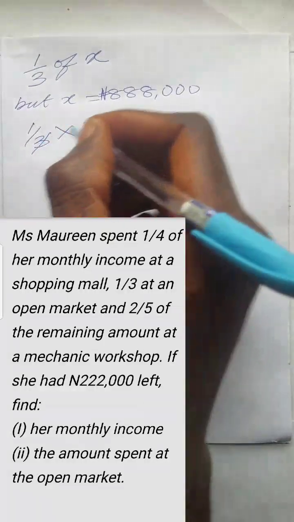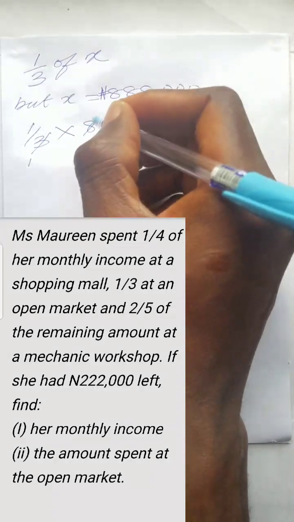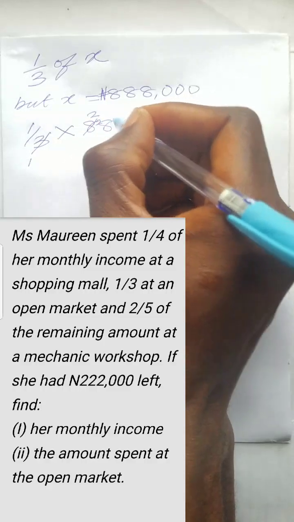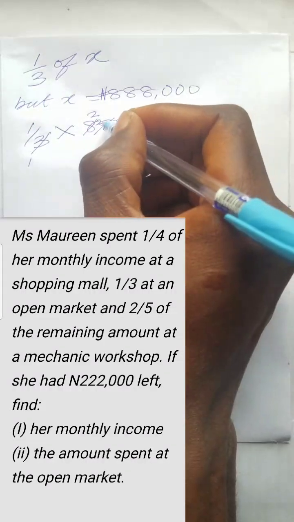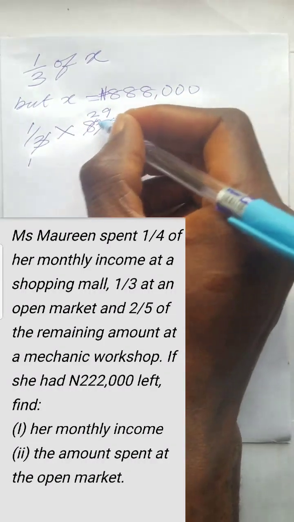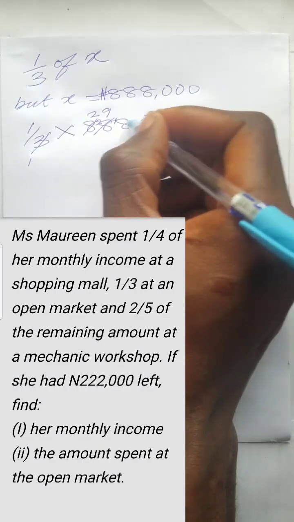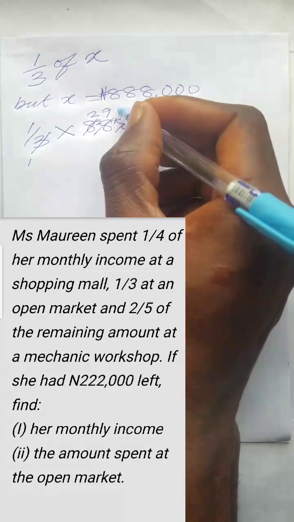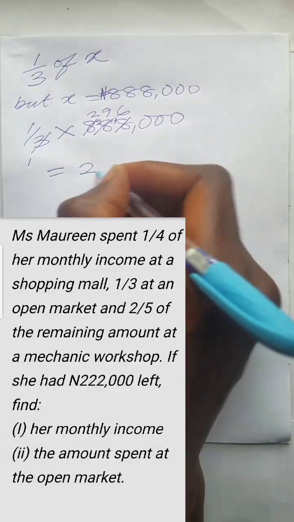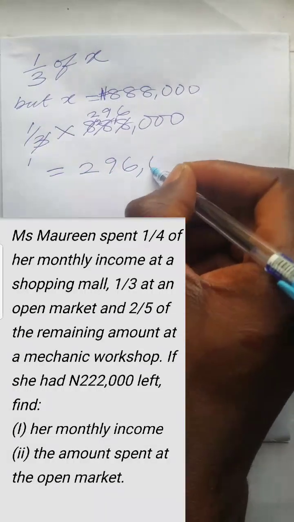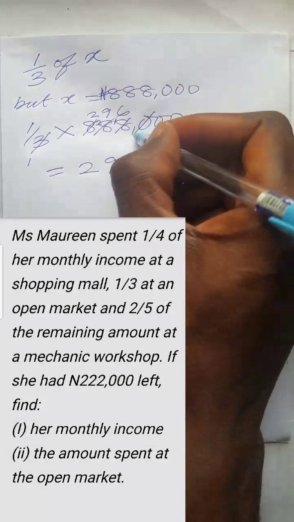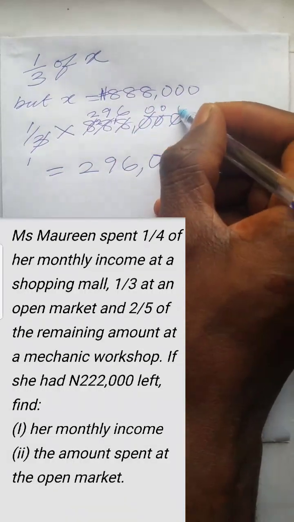So let's cancel. 3 goes here 1. 3 goes into 8 twice, 2 remains. 28. 3 goes into 28 is what? 9 times. 1 remains. That's 27. So that is 18 now. 3 goes into 18. That's 6. So our answer is 296,000 naira. Of course, this 0 and this 0.